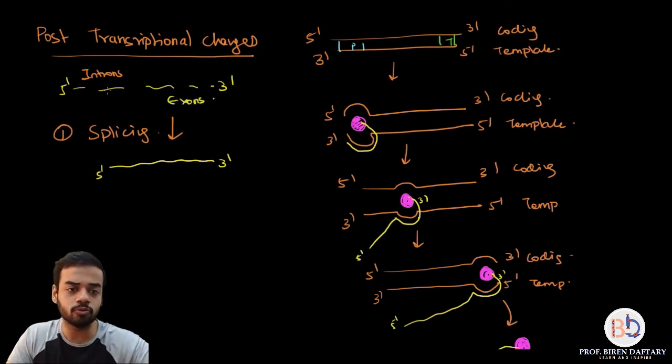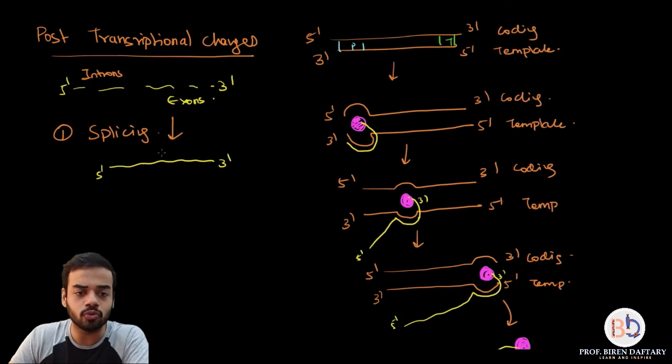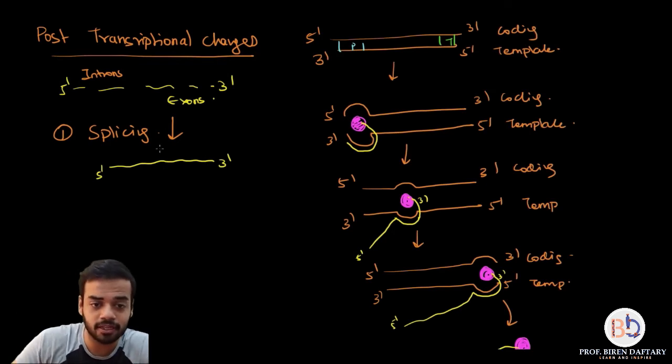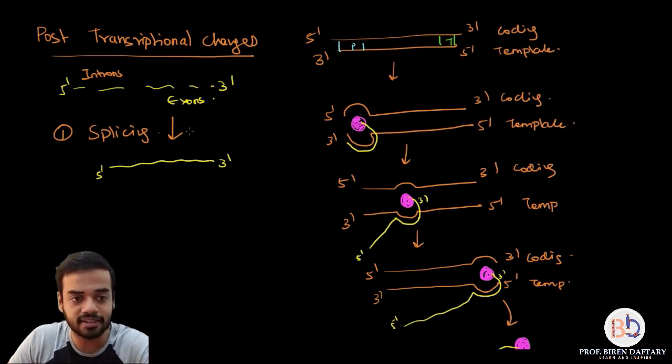Correct, and we have removed the introns in splicing, so only the exons are remaining. So this is the first step called as splicing, in which unwanted introns are removed because these are non-coding areas and they are not required for translation. The next step after splicing is called as capping.